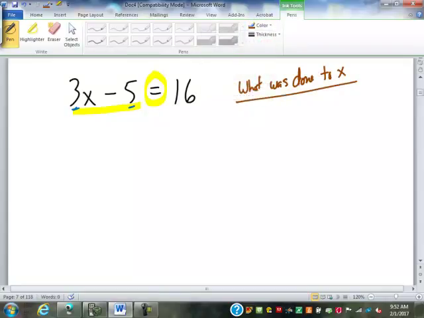Order of operations says which would happen first? Would you multiply first or would you subtract first? You would multiply. So when this equation was built, the first thing that happened is the variable was multiplied by 3. And then 5 was subtracted from it.